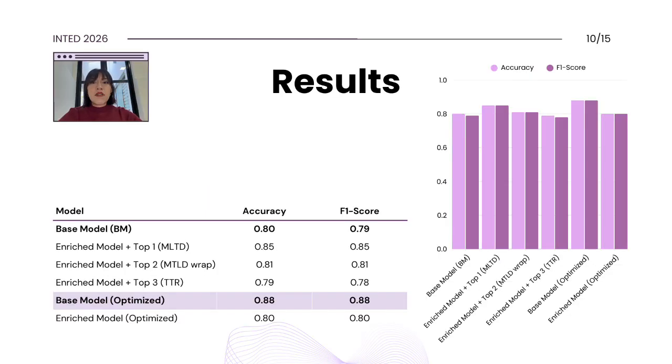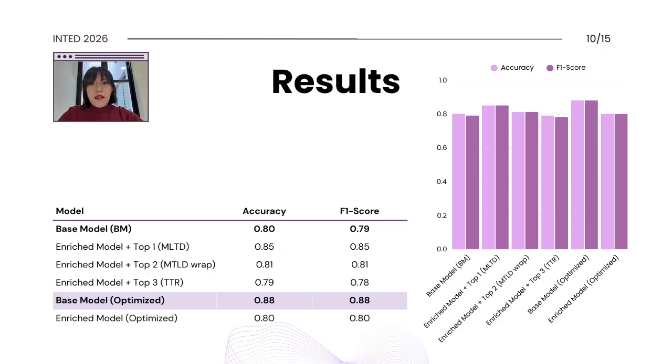This brings us to the most important part, the results. Please look at the accuracy on the test set. If we look at the first bar, the standard base model achieved an accuracy of 80%. The second bar shows the enriched model using the MTLD feature. Notice how it jumped to 85%. This confirms that lexical features do help the standard model.